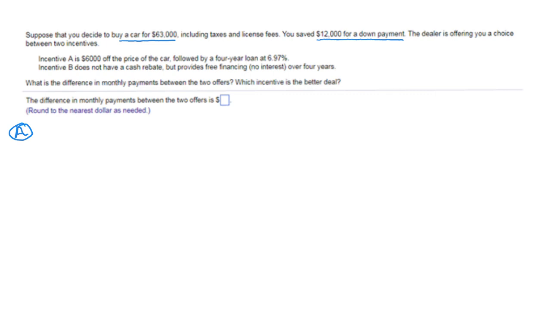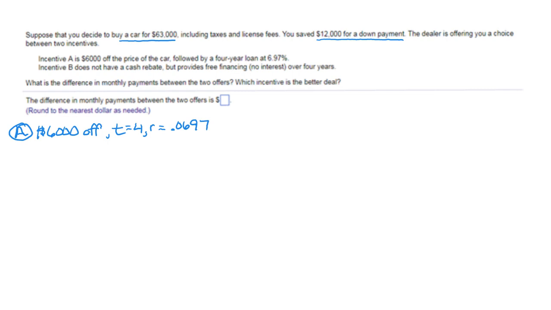Incentive A has $6,000 off. And it is for 4 years. So T is equal to 4. And we have an interest rate of 6.97. So this is 0.0697.